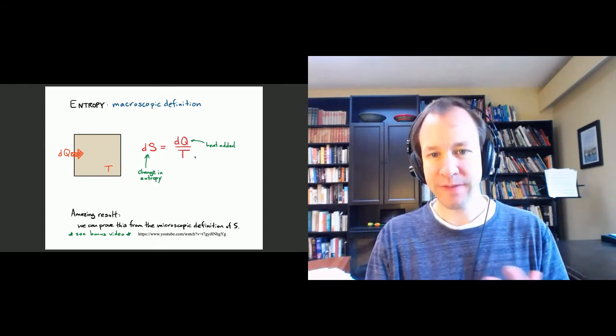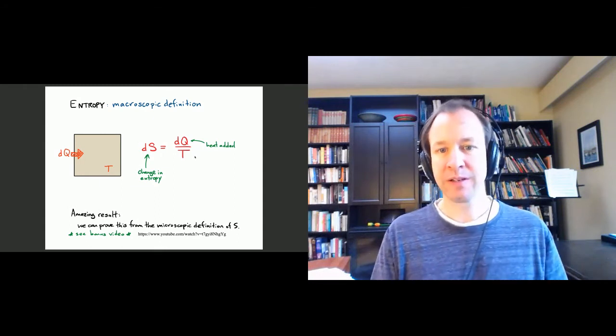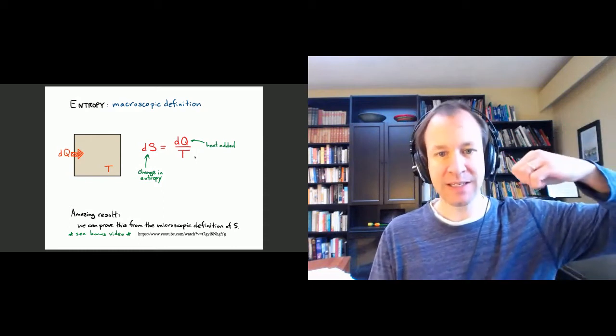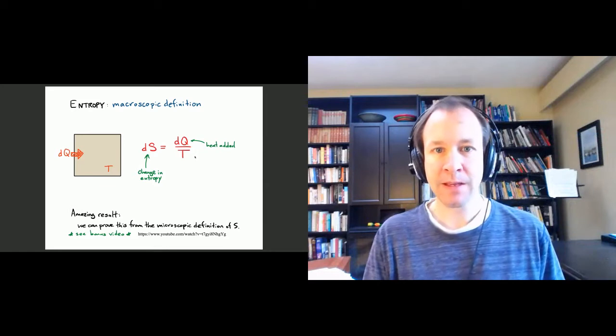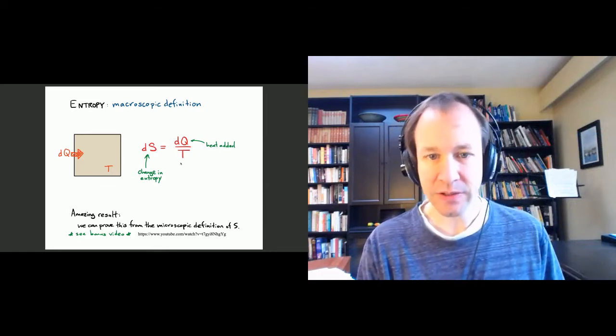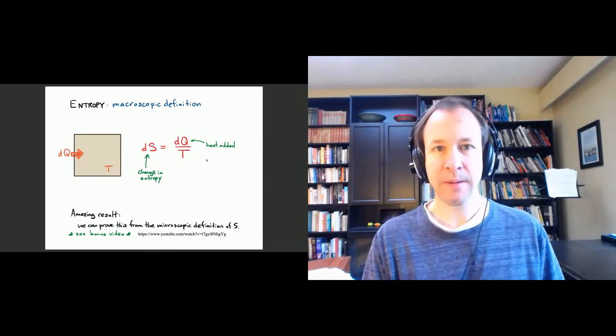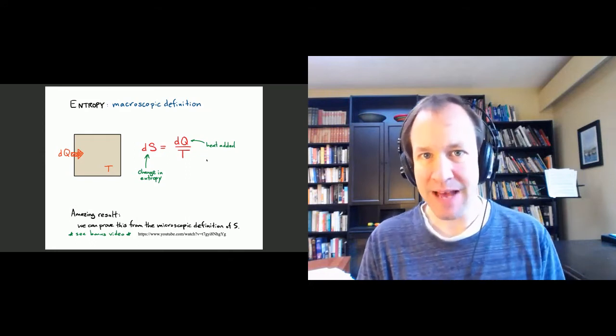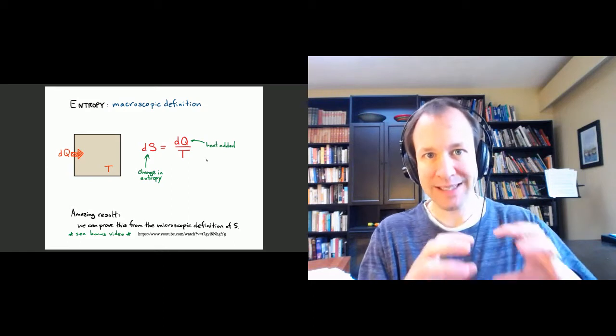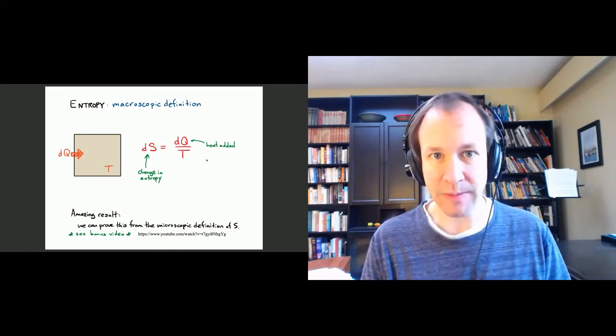So this looks very different from the other definition of entropy that talked about the logarithm of the number of configurations. But it turns out, amazingly, that you can derive this relation based on that microscopic definition. It's a little bit mathematical and not essential for what we're going to do with entropy.